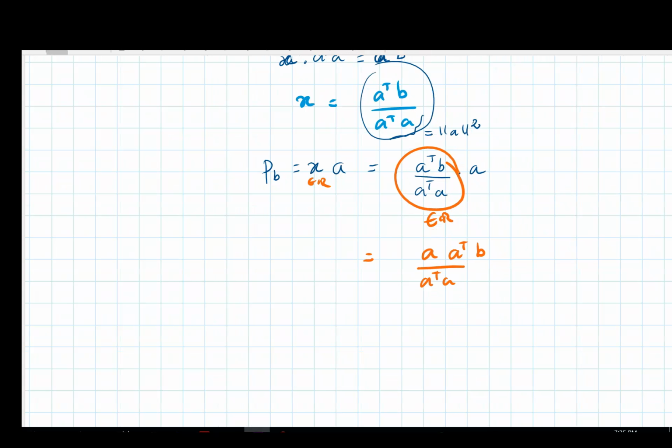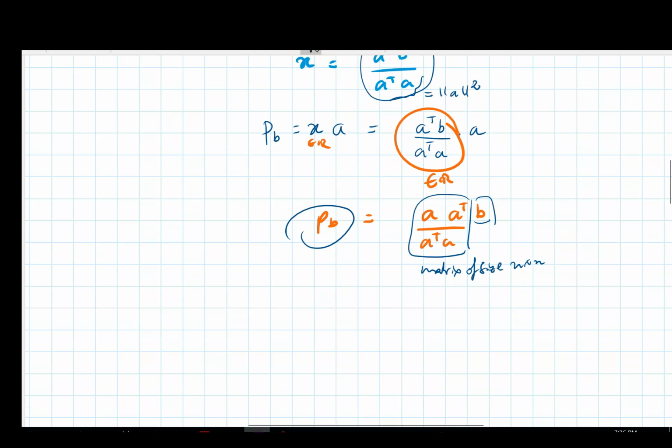And this is very interesting, because what we have here is PB, written as this thing times the vector B. And what is this thing? This is a matrix of size n times n, if B is a vector in Rn. Why is that? The bottom here is a real number because it equals the norm of A squared.